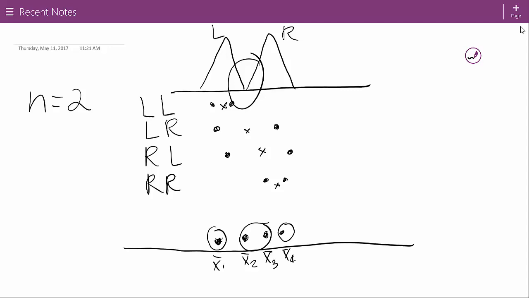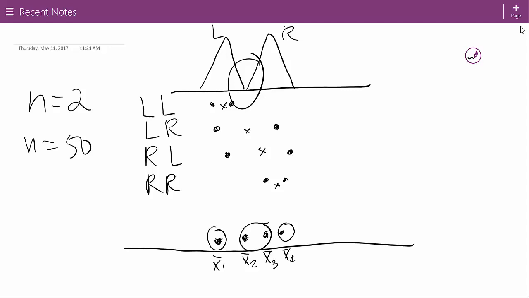And moreover, if I start to increase the sample size, so instead of 2, let's say 50, now my sample size is 50. Points are going to come from all over the place, but the majority of my samples are going to contain the balance, 25 points from the left side, 25 points from the right side. Sometimes they're going to be slightly imbalanced, like 24 from the left, 26 from the right.